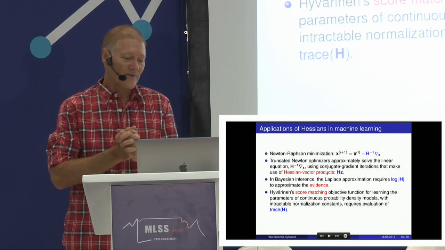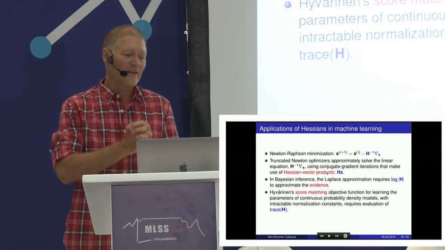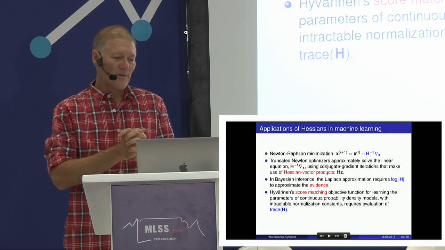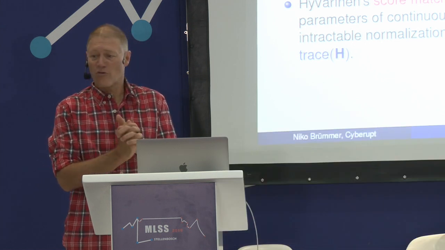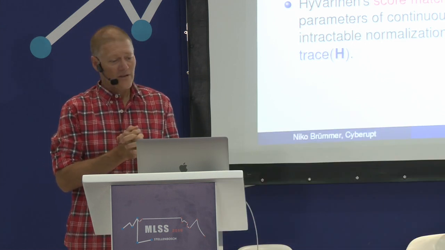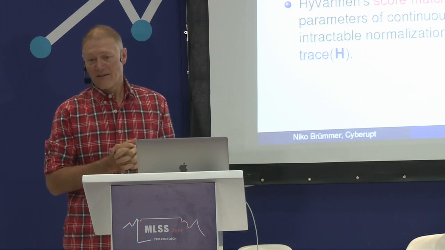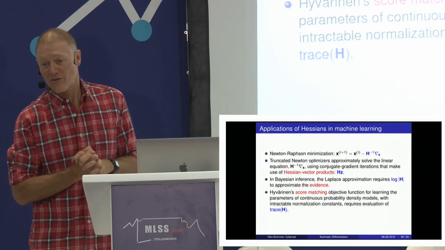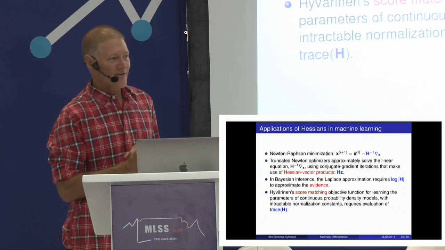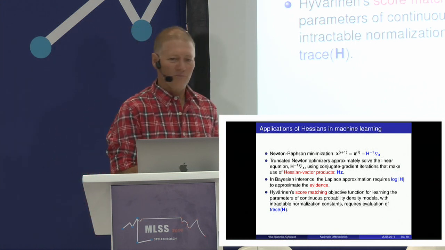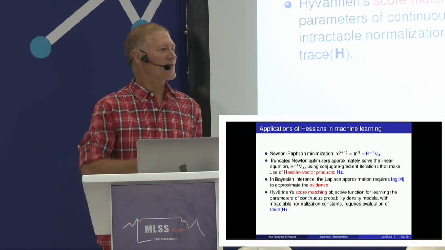So there's a criterion published by Hyvärinen called score matching, which if you optimize that thing, you don't need the normalization constant, and then you can do, it's not maximum likelihood, but it's very similar to maximum likelihood.